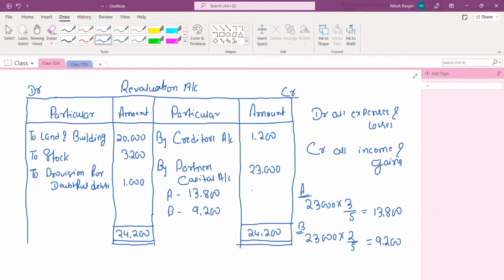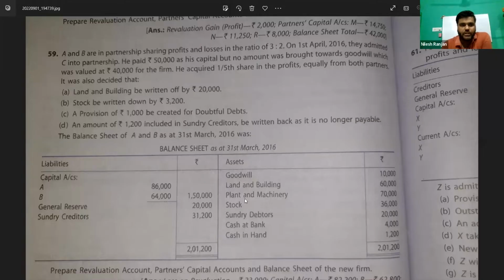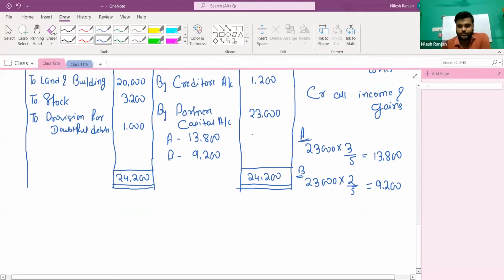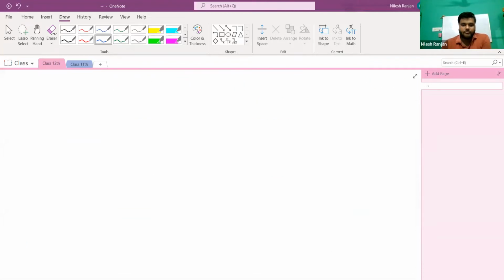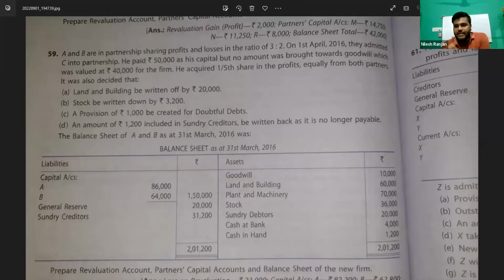Okay. So there is one more item in the question that is written here, that he paid 50,000 as his capital, but no amount was brought towards goodwill, which was valued at 40,000 for the firm. So can anyone tell me what will be the journal entry and what will be the accounting treatment for this? Because new partner is bringing his capital, but he is not bringing his share of goodwill. So what we will do?